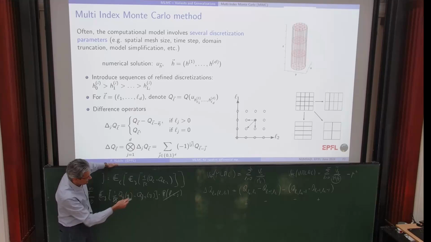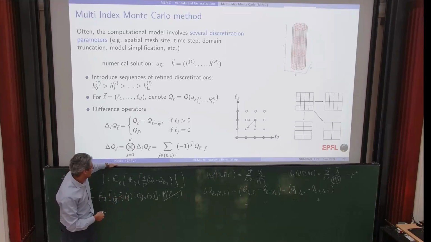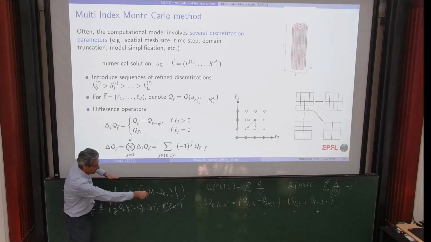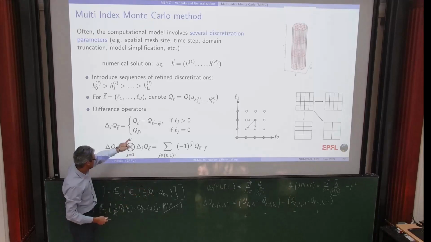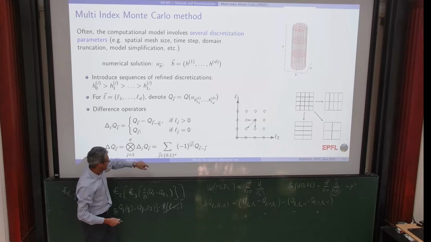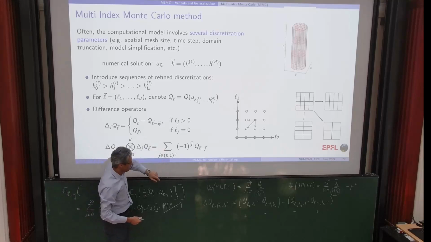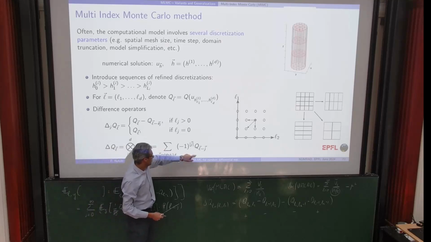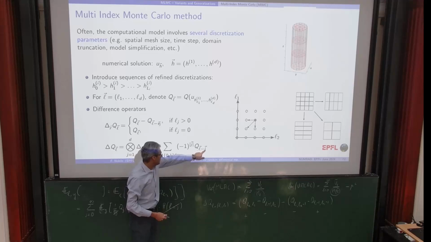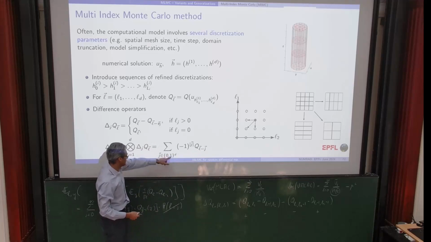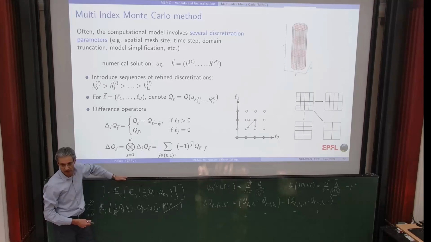So this grows like 2 to the d. If I expand this double difference in dimension d, I get all possible combinations of Q_l minus a vector j that can take values 0, 1.